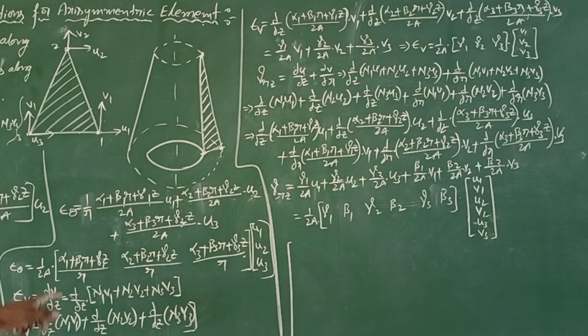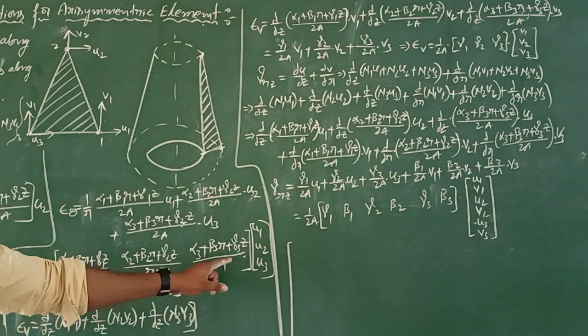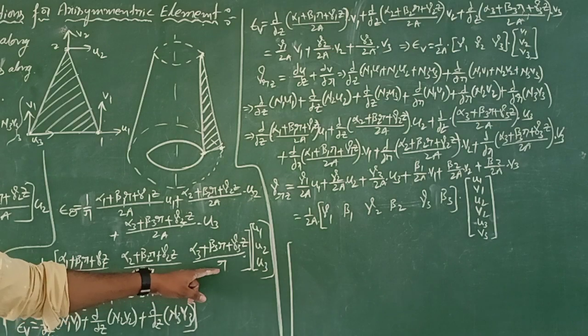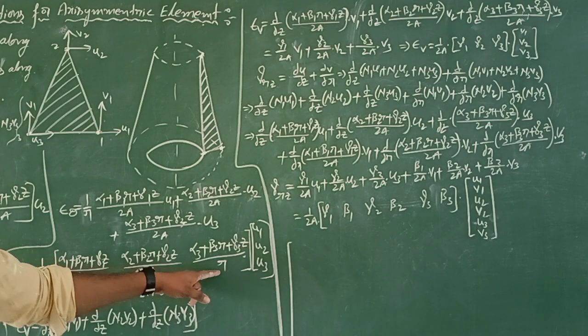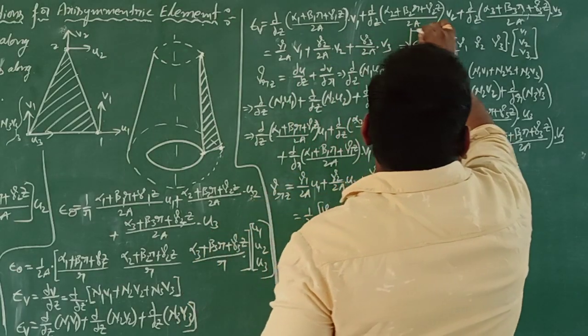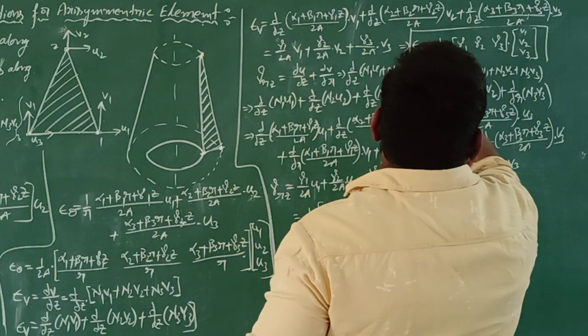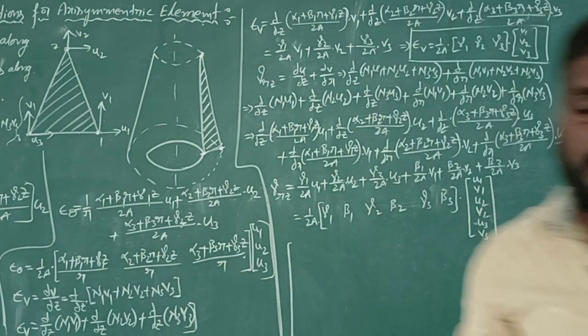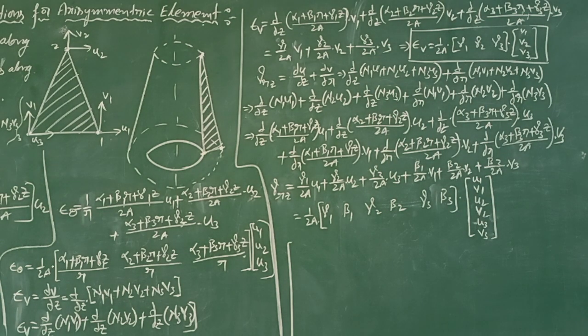See here, take epsilon theta, we got this equation, and epsilon r we got like this. Epsilon z we got like this. The same epsilon r is also there.